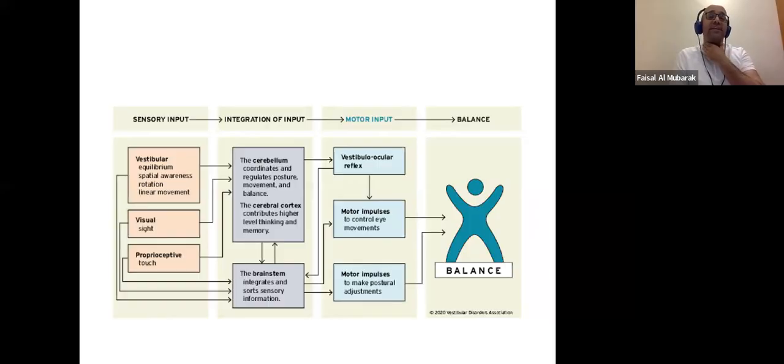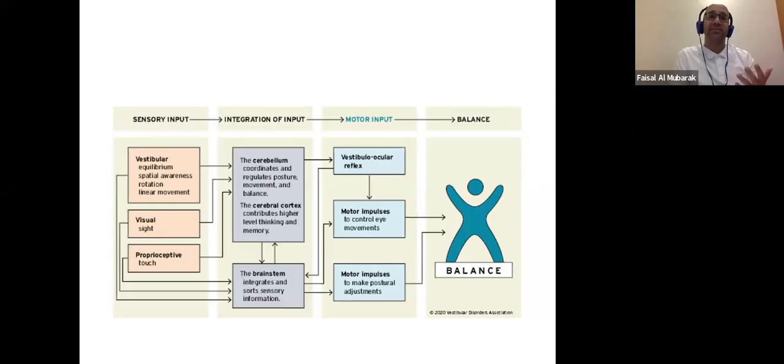The proprioception feeling or sensation that I have in the neck and the cervical vertebrae, when they move, they're sending signals to the brain telling that Faisal is moving. And Faisal started motion and Faisal stopped motion. Okay? Lastly, the vestibular system, and you will learn this when we are discussing the physiology of it.